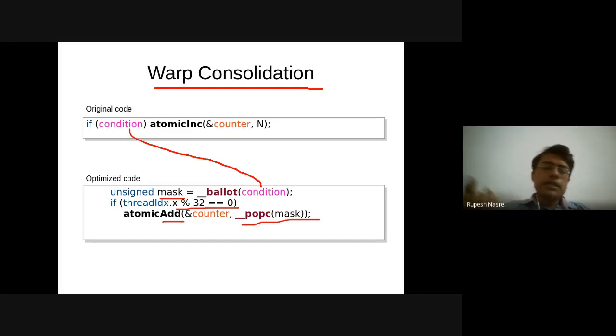See, POPC is returning the number of set bits. Maybe you mistook it for the atomic increment. Yeah, this is not the increment part where we want to give the large value where wraparound happens. This is just the addition of by how much the counter needs to be incremented. Yeah, that's fine. Okay, any other suggestions, questions, concerns?